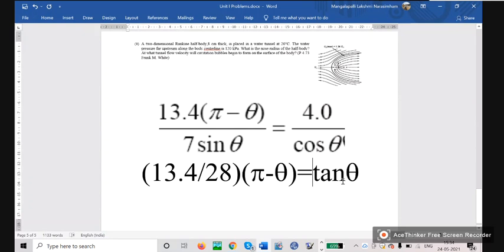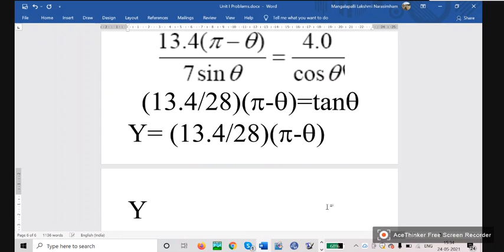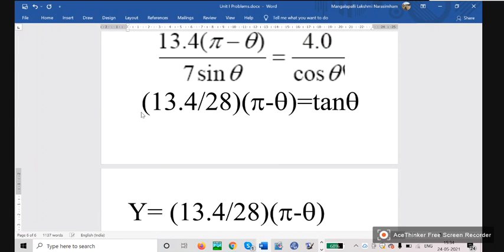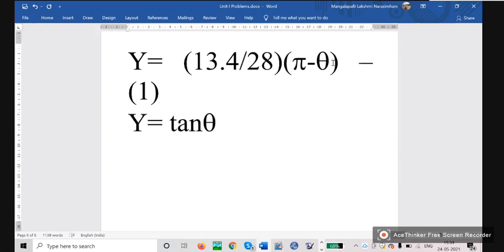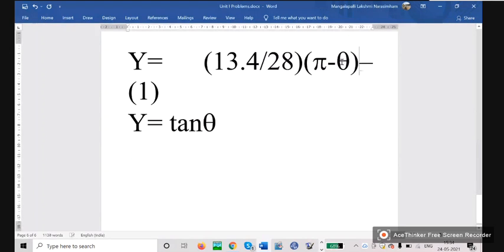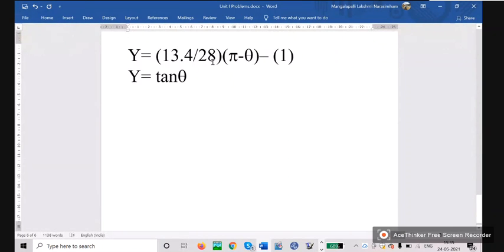Now I will consider two equations. This is equation 1 and this I will call equation 2.